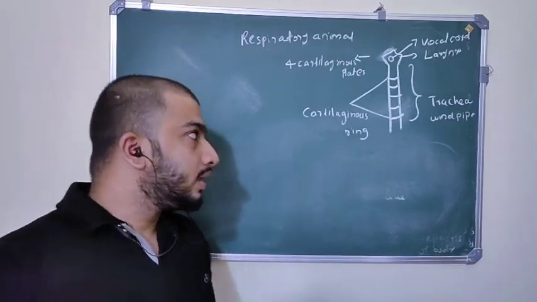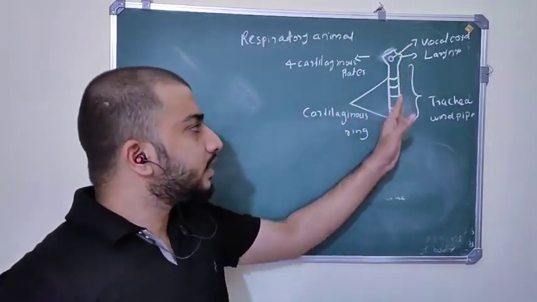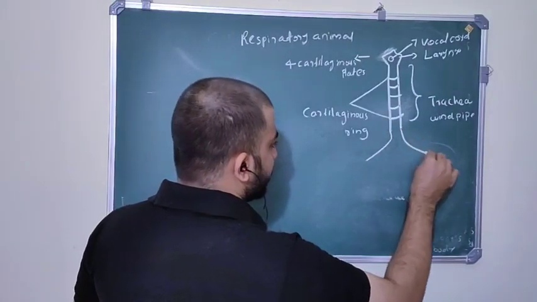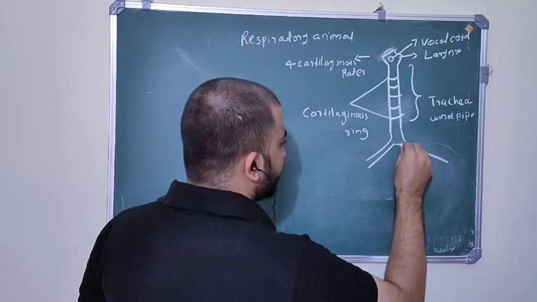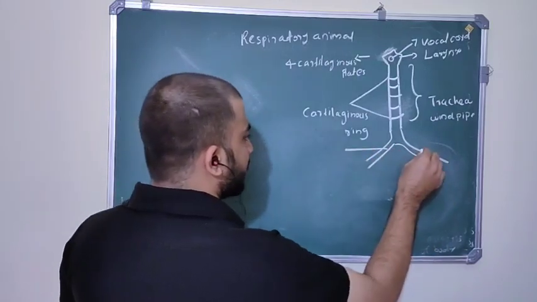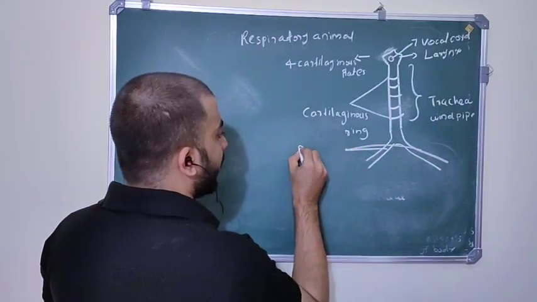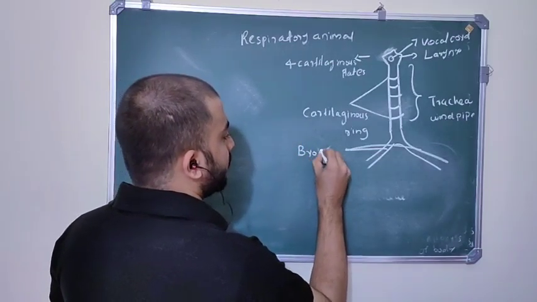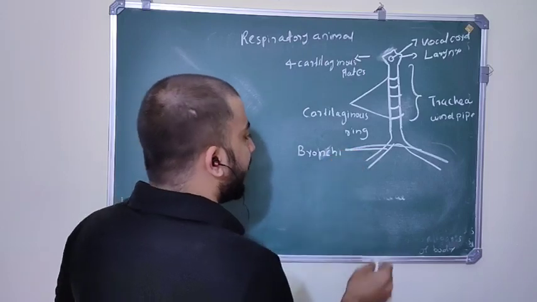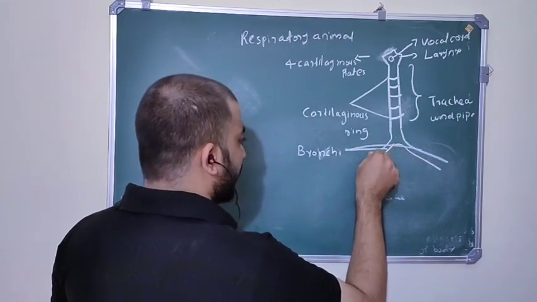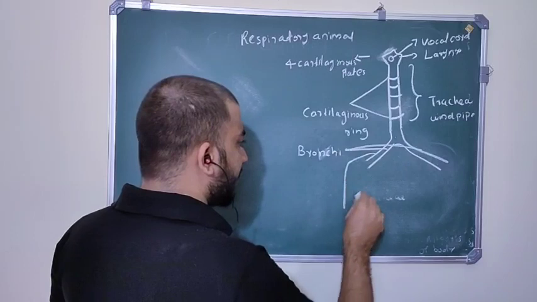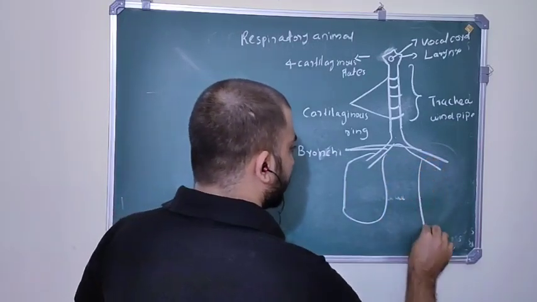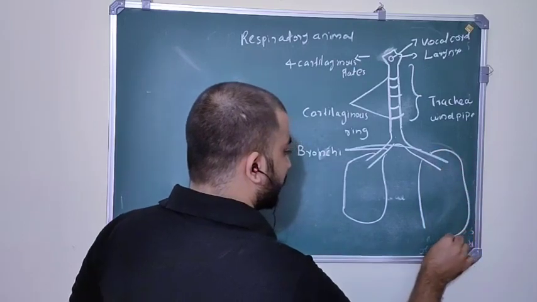Then air enters the larynx, then the trachea, which divides into 2 branches. These 2 branches are called bronchi. Each branch of the trachea, that means each bronchus, enters its respective lung.